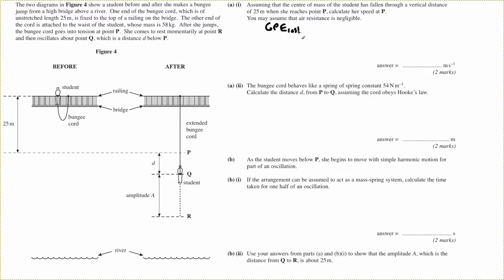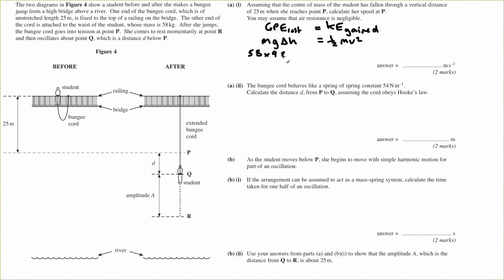As she's been falling from the bridge, she's been losing gravitational potential energy, and she's been gaining kinetic energy. We know GPE is mg delta h at the Earth's surface. Kinetic energy is half mv squared. We can equate those two. Of course, the mass will just cancel out.